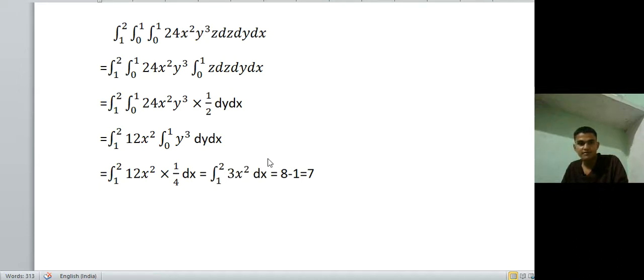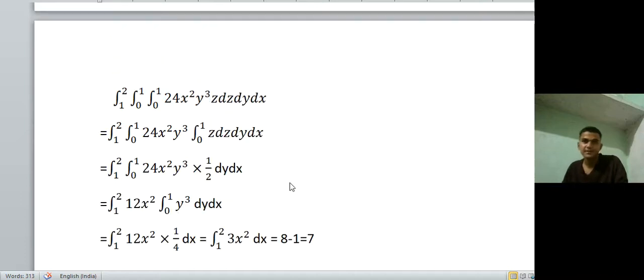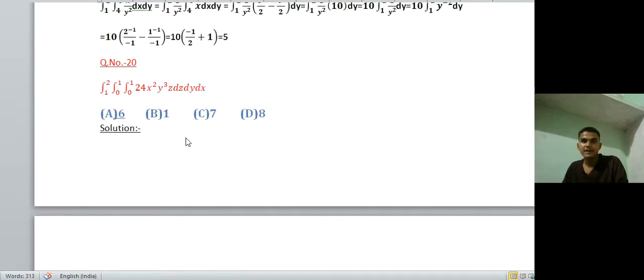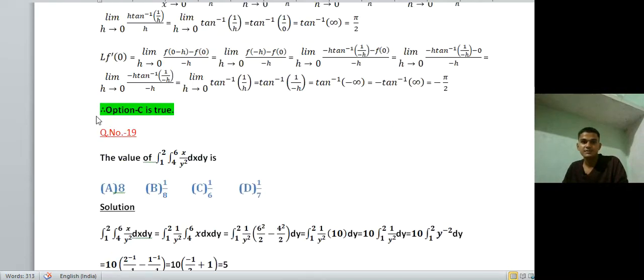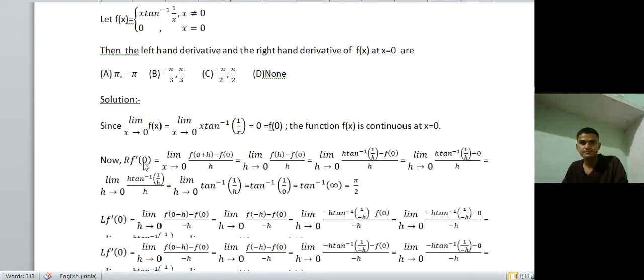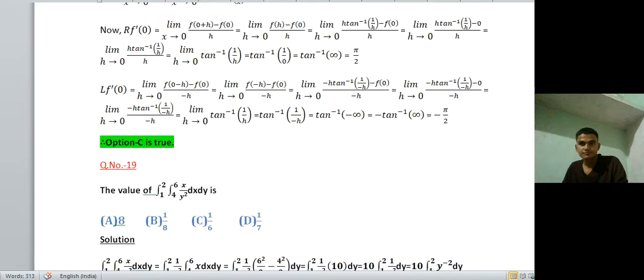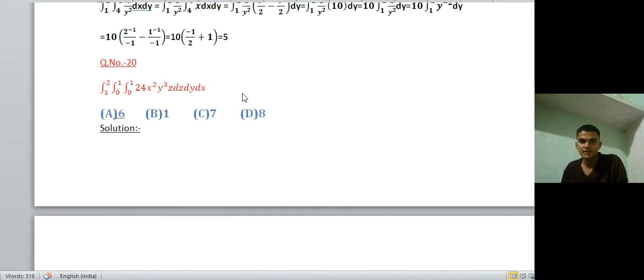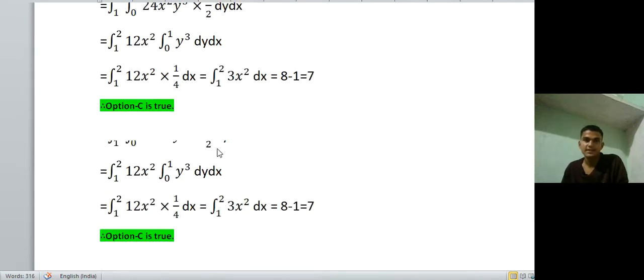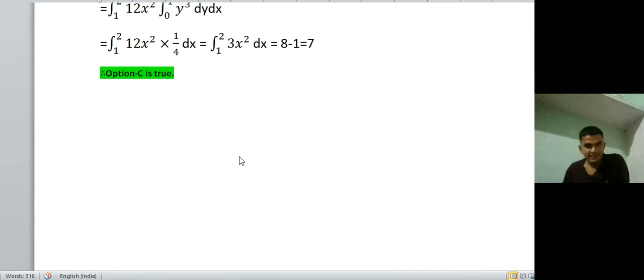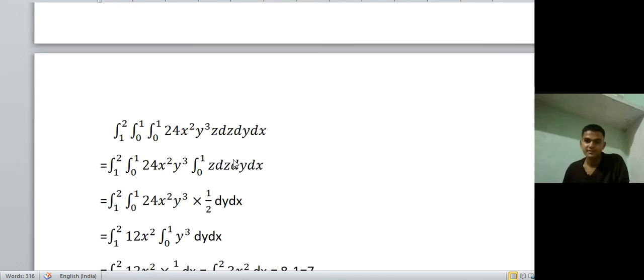So 2 to the power 3 minus 1 to the power 3. 2 to the power 3 is 8, and 1 to the power 3 is 1, so the answer is 7, and option C is true. There is 7 at option C. So option C is true. Thank you so much.